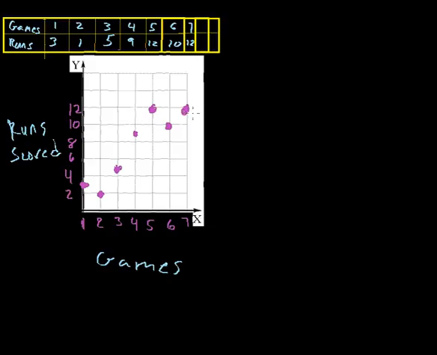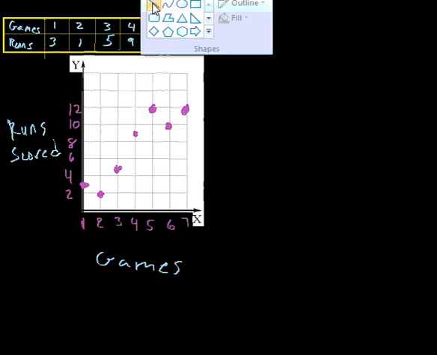Cool. So is there actually a trend? And yeah, you can see one. As these values of x, or the games, increase, the variable on the y-axis, or the vertical axis, increases as well. So yes, there is some sort of a trend going on, and when they increase along both axes, then what we call this is a positive correlation.